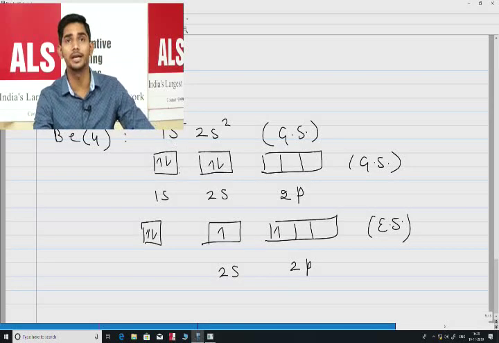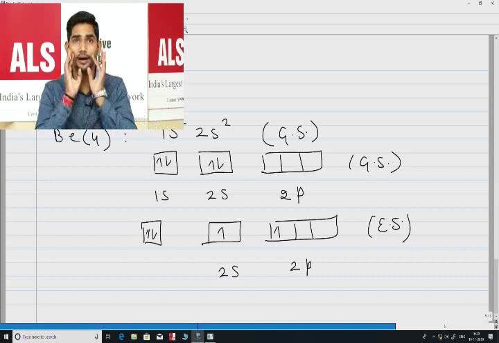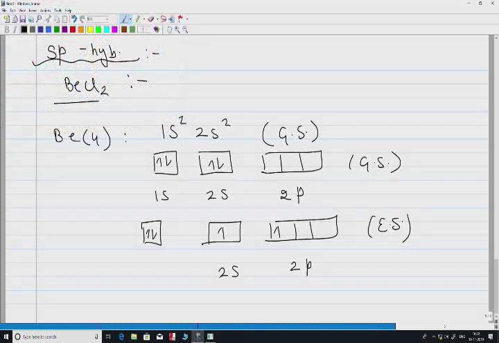Now just tell me how many orbitals are there which are containing unpaired electrons. Okay, very good. Those who haven't got my question, please ask me.